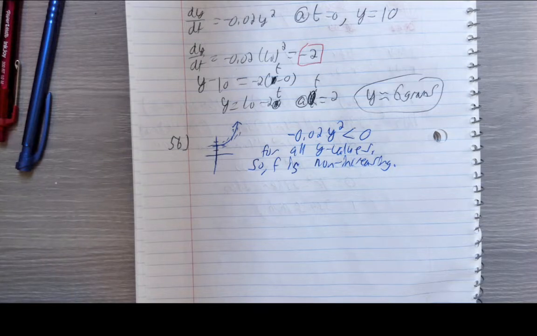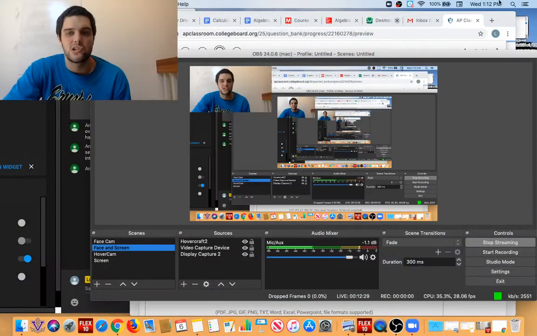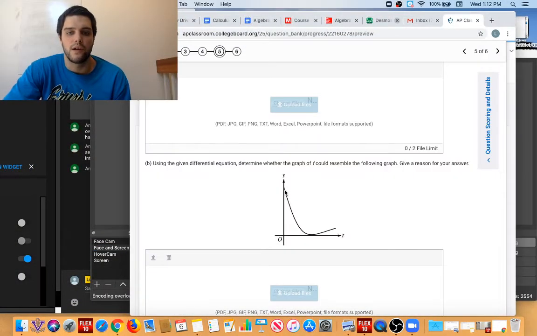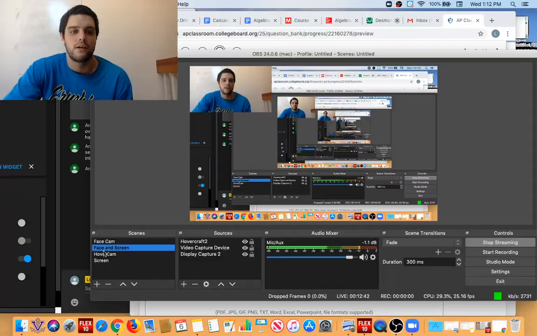Look at the graph we're given, though. The graph we're given has an increasing portion. You can see it's decreasing, decreasing, decreasing, and bam, it starts to increase. So that can't be the graph. My original graph should always be decreasing because the slope is always negative, right?